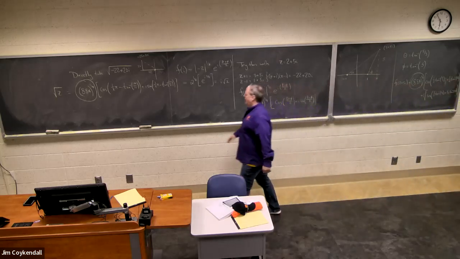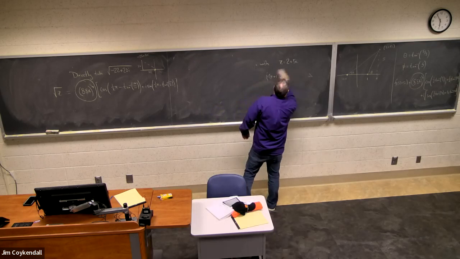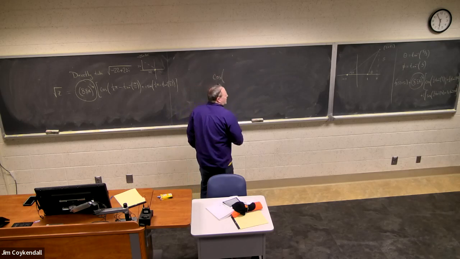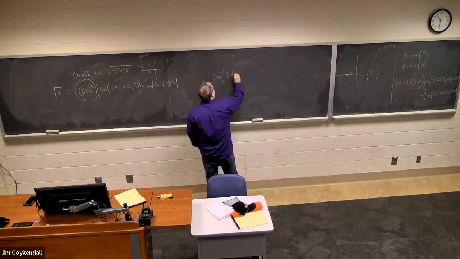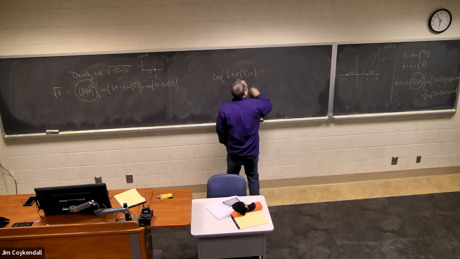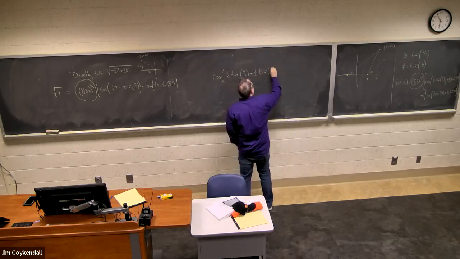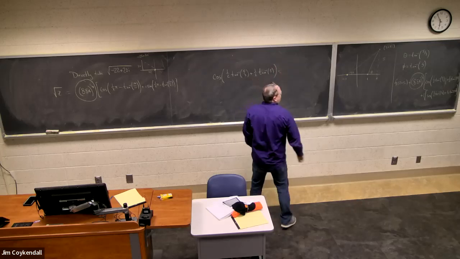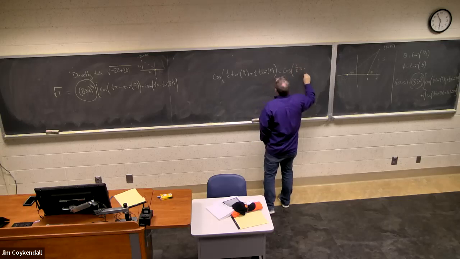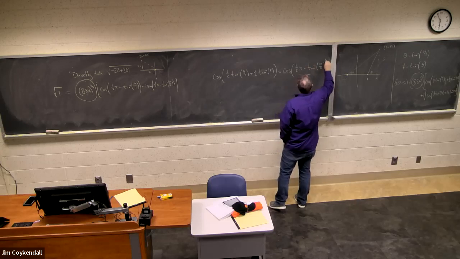So in particular, what you have is that cosine of 1/2 tangent inverse 5/3 plus 1/2 tangent inverse 5 is equal to cosine of 1/2 pi minus inverse tangent 10/11.